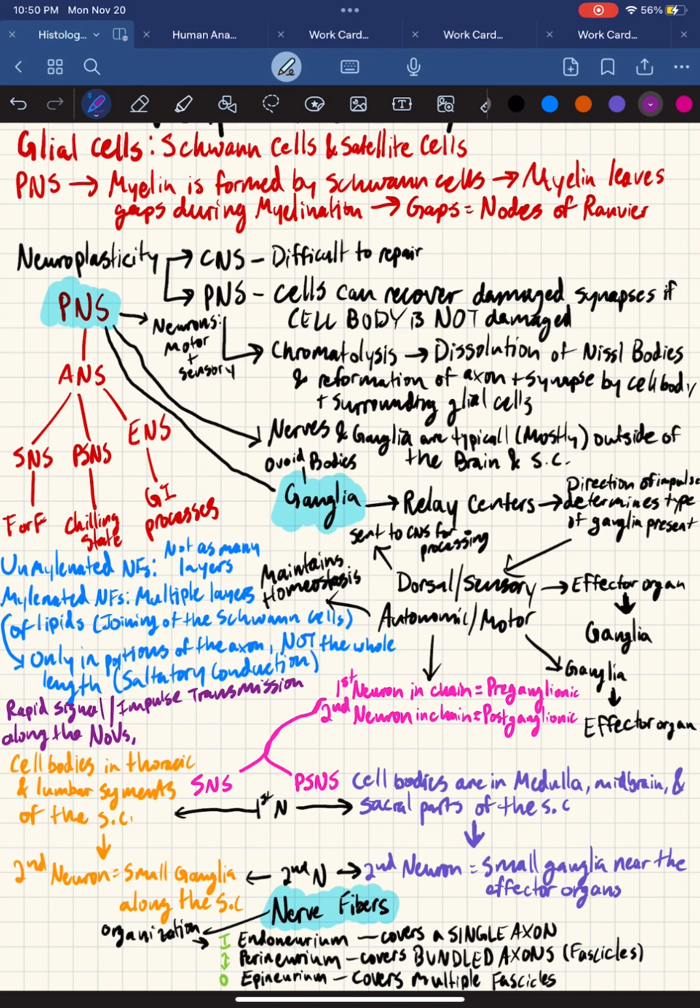When it comes to saltatory conduction, it specifically and only travels in a rapid transmission from nodes of Ranvier to nodes of Ranvier. So we could just say that the myelination prevents transmission other than node to node.